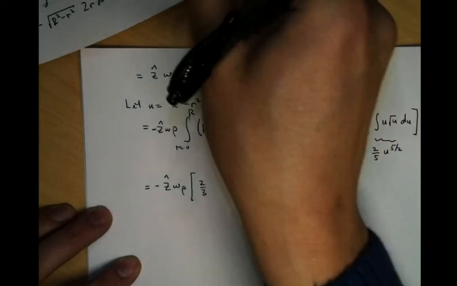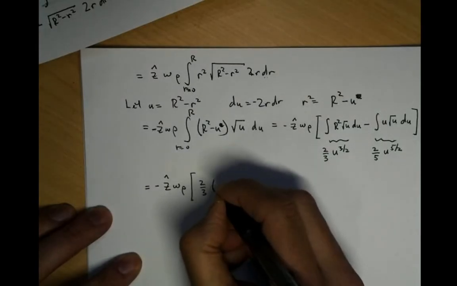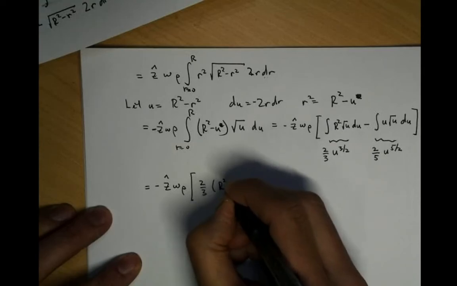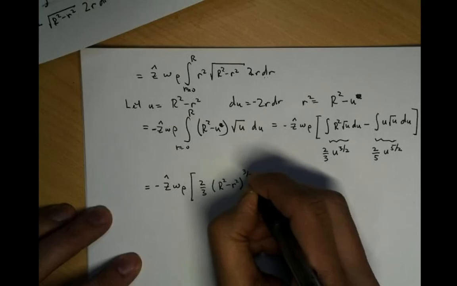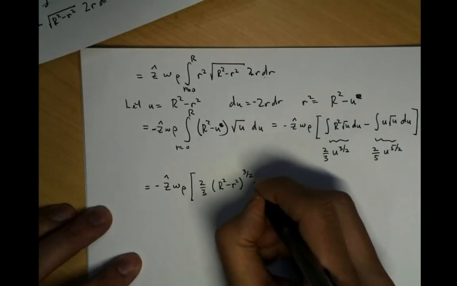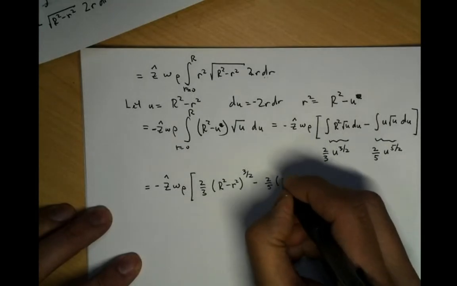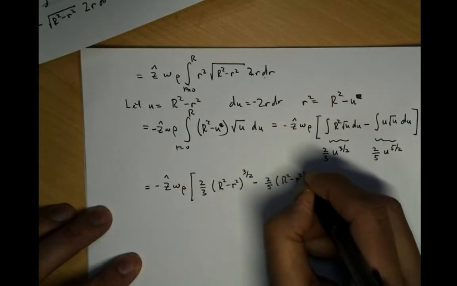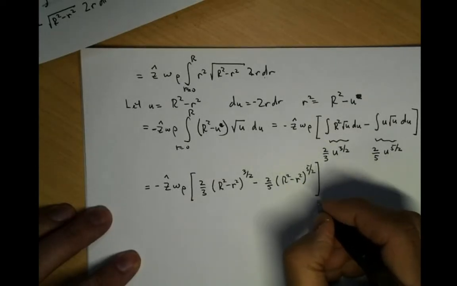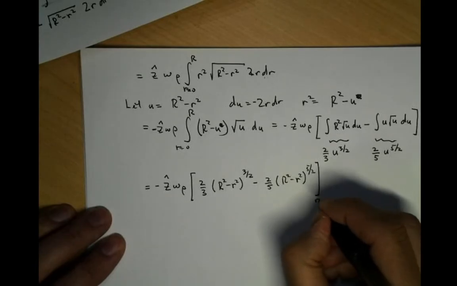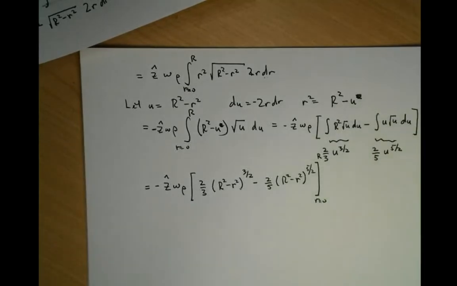What was u again? u was this thing, so that's just going to be capital R squared minus little r squared to the 3/2 power, minus 2/5 capital R squared minus little r squared to the 5/2 power. Now I'm going to evaluate this from basically r equals 0 to r equals capital R.